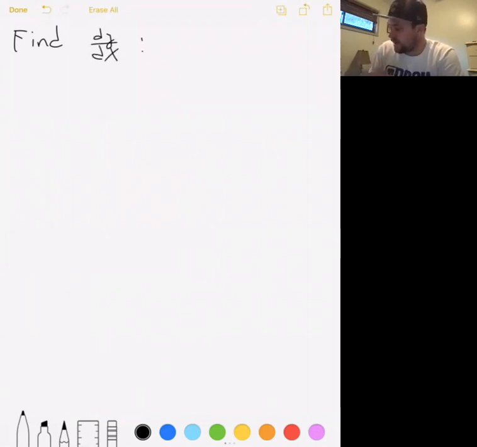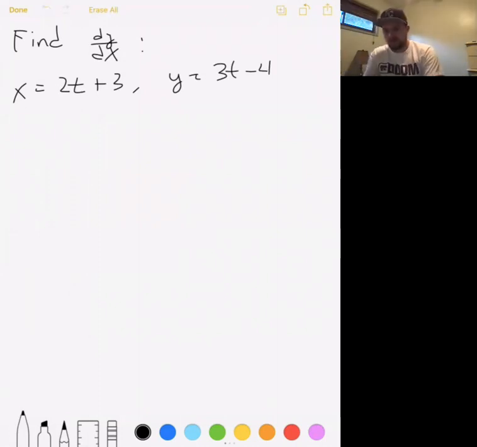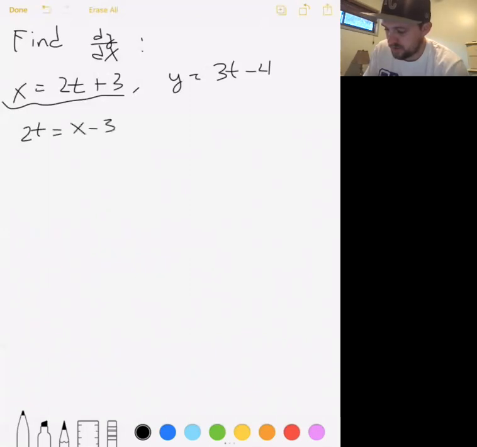And so we had x equals 2t plus 3, y equals 3t minus 4. Well, let's say we solve x first. So we can solve for t from the x equation. So we'll get 2t equals x minus 3, so t equals (x minus 3) over 2.